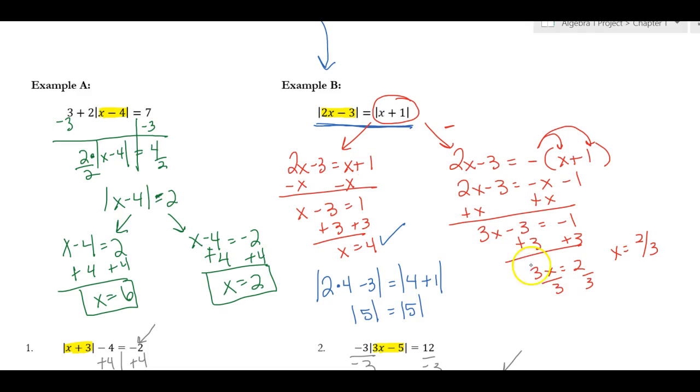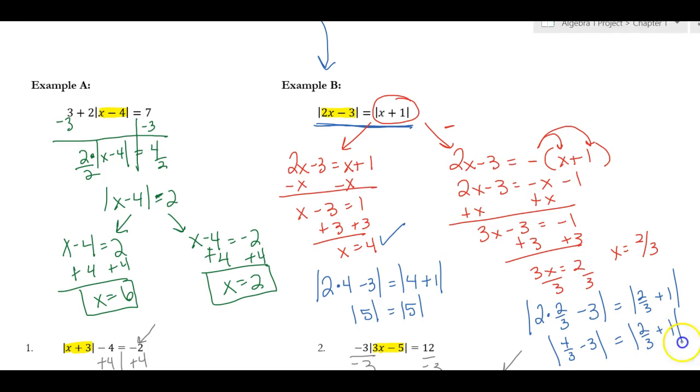This is a fraction, so it's going to be a little harder. So 2 times 2 over 3 minus 3 has to equal 2 over 3 plus 1. Okay, so this is 4 over 3 minus 3. And this is 2/3 plus 1.